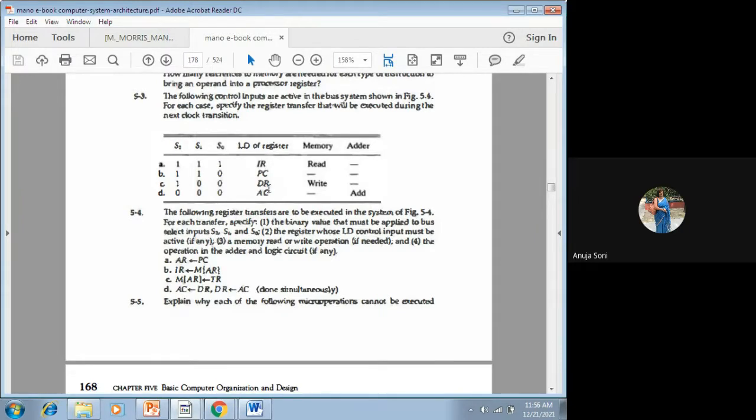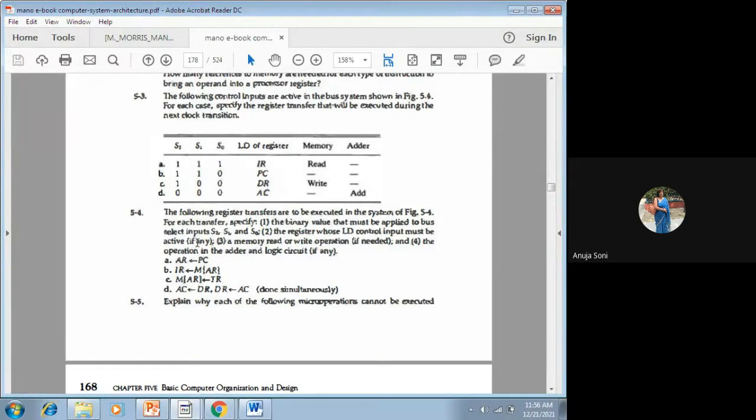These were your first 3 columns, then the fourth column. Afterwards a memory read or write operation, this column, you have to specify if needed, and the operation in the adder and logic circuit, like in question number 3 under the head adder, this column, you have to specify if any.